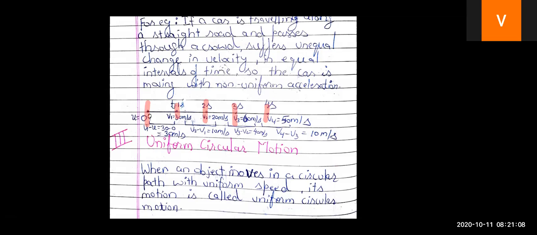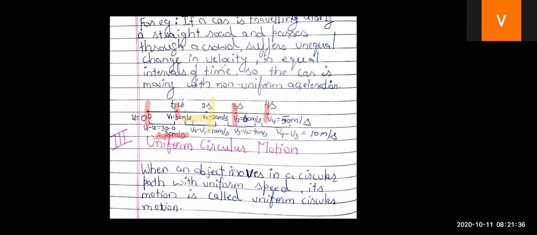So here if you see the change in velocity, the velocity is changing by 30 minus 0, that is 30 meter per second. Here in the second slot, the change in velocity is 20 minus 30, right?